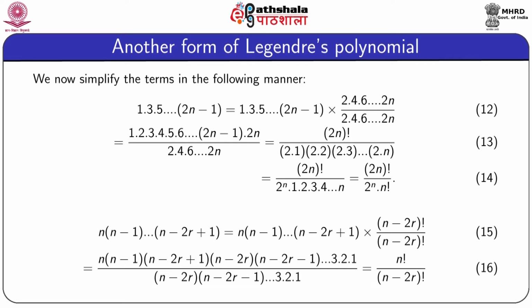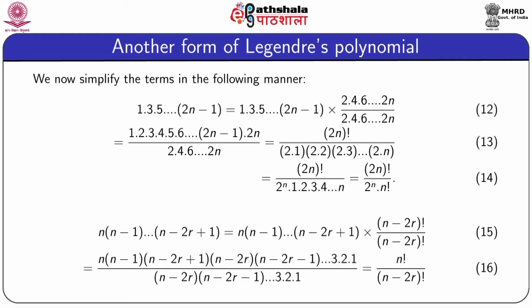If you do that, the numerator is going to give you 2n factorial, and the denominator is going to give you 2.1, 2.2, 2.3 ... 2.n after taking 2 common from each term, which is in equation 15. If you now take 2 common from all the n terms in the denominator, you will be getting 2 to the power n, and you will be left with 1.2.3 ... n, which is n factorial. So, after simplification, you will be getting 2n factorial divided by 2 to the power n into n factorial, which is given in equation number 16.